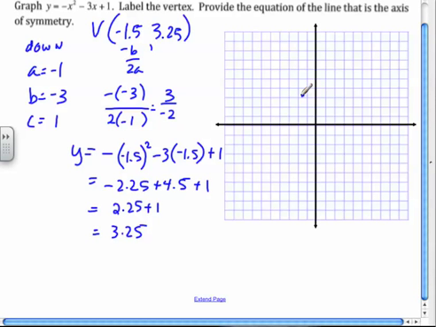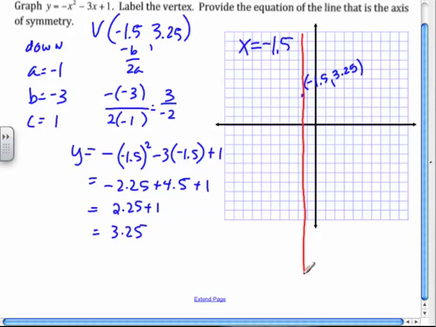Okay, and I know this thing's turning down, so I'm going to label it up there, 1.5 and then 3.25. Now remember, they want the axis, so all I have to do is just say x is equal to negative 1.5. That's this line that cuts right down the middle. Oh, no. That's not where the middle is, Mr. C. Alright, it's going to be about right here. That's the axis of symmetry.